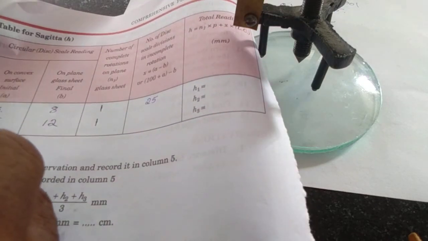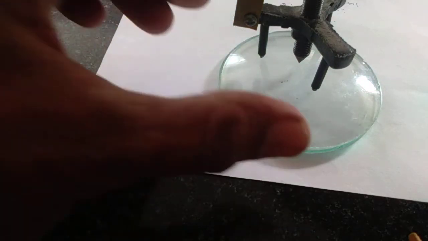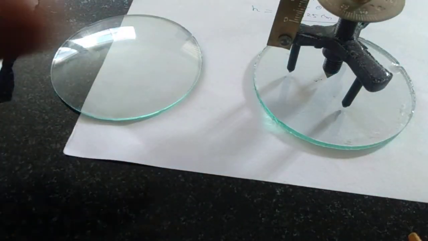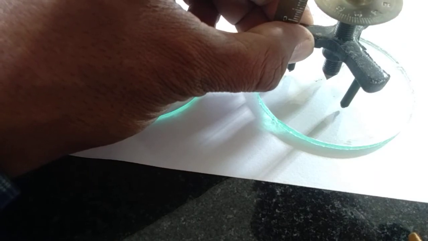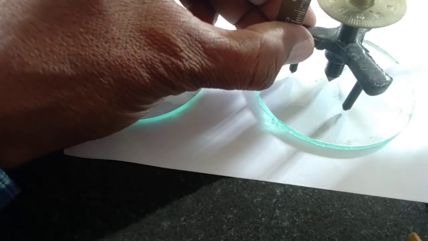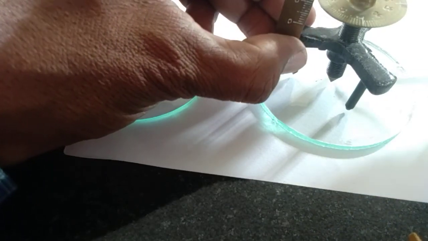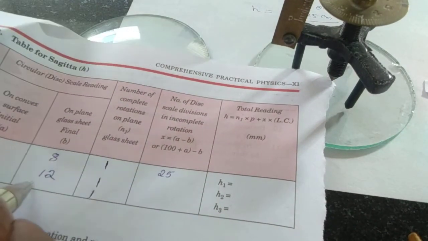Write 52 here. Now take out this plate, then once again downwards, 52, one rotation over. Still it is moving. Now yes, now it is 10, 15, 20 you got. One rotation and 20.